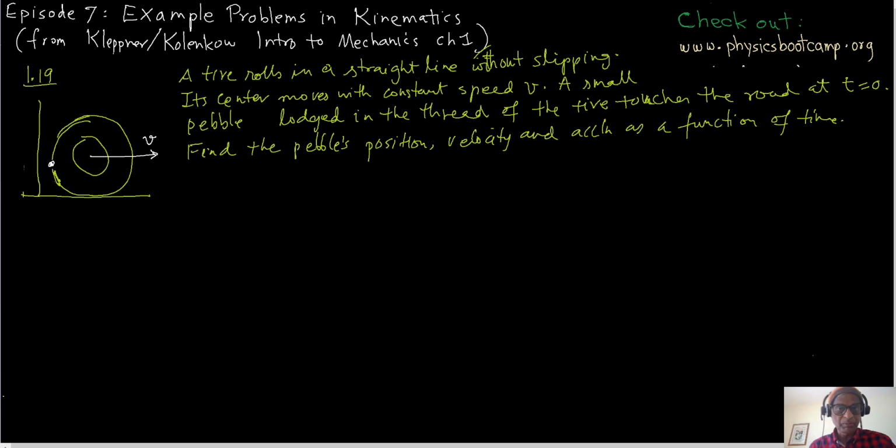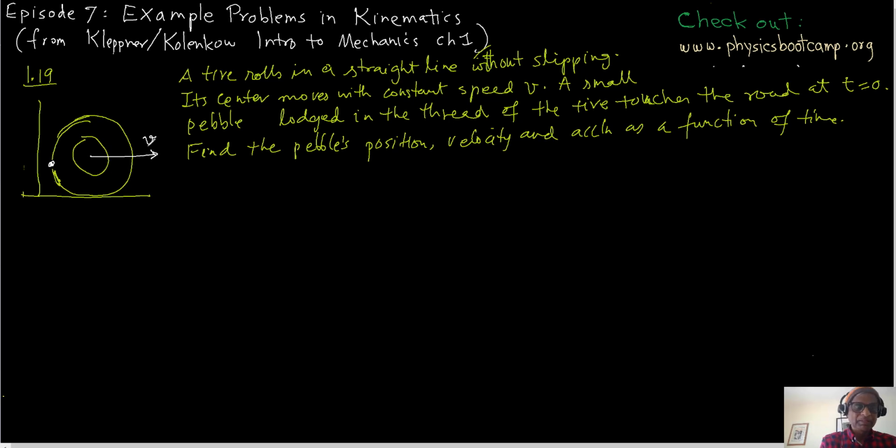Welcome to another problem. This is also a standard problem, and it kind of stumps people. If you don't use relative motion, then you can get lost in the problem quite a bit.